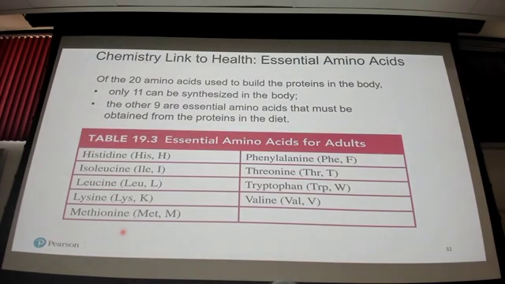I don't know. They might be. Some of them I'm sure are, but I don't remember the exact classification of the 11. But I know that our body can make them, and we're going to talk in block 2 about how our body will make different amino acids. Any other questions?